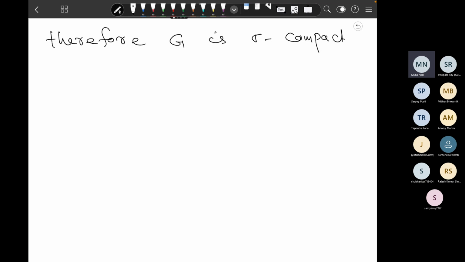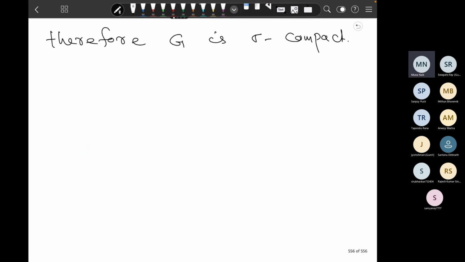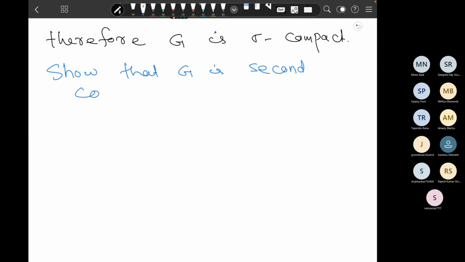So here we are using the connectedness of the Lie group. And that G is second countable, I am leaving as an exercise. That is also easy. Okay. So this is the thing.